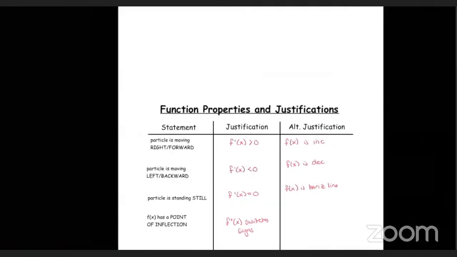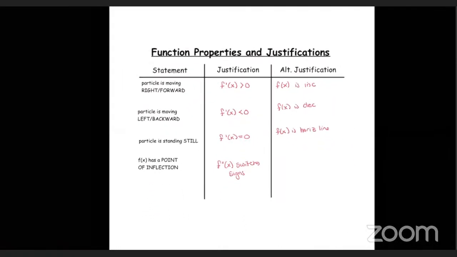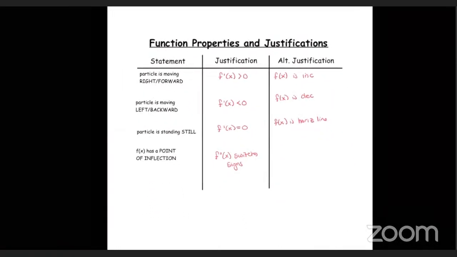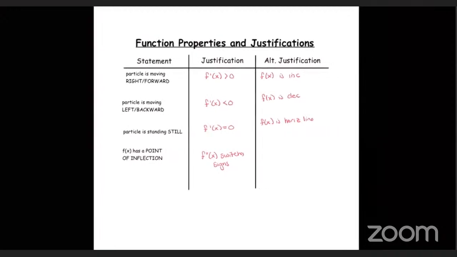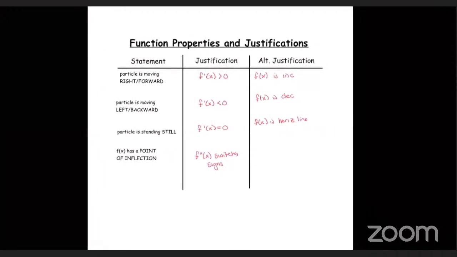When we're talking about a point of inflection, it doesn't matter which direction you're switching as long as it switches signs. There is an alternate justification. If we did not know our second derivative, your first derivative would need to switch from increasing to decreasing, or vice versa, decreasing to increasing. That would make your second derivative switch signs.